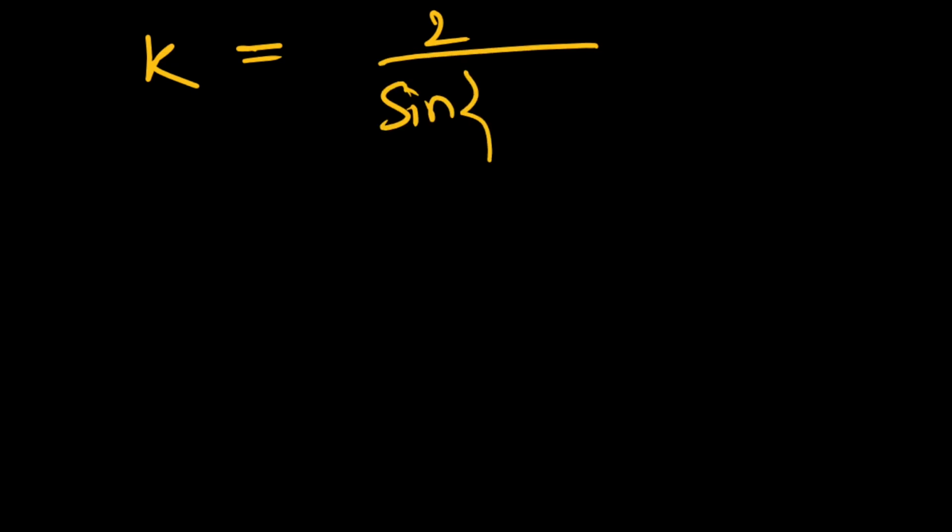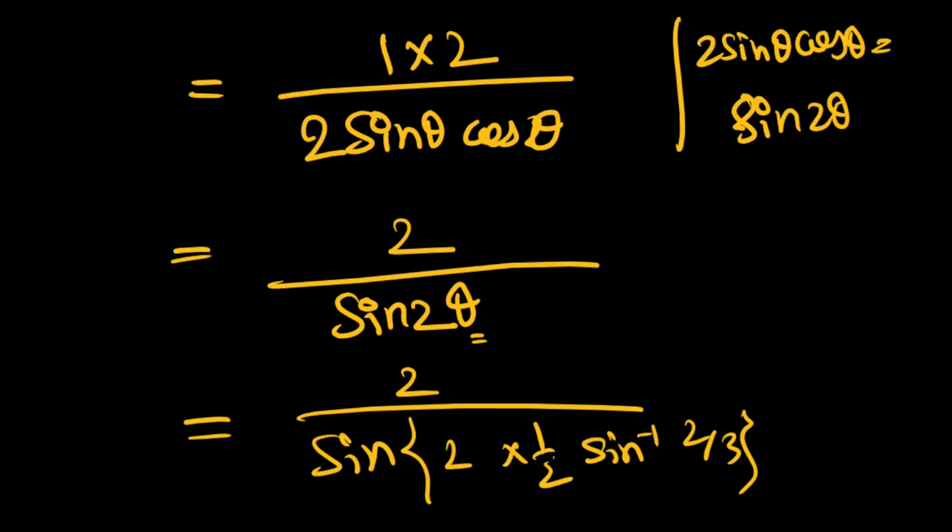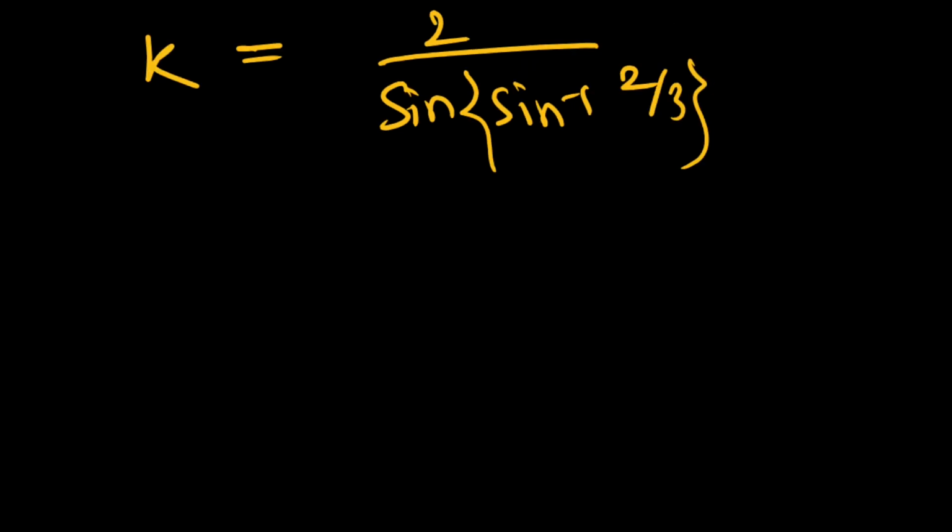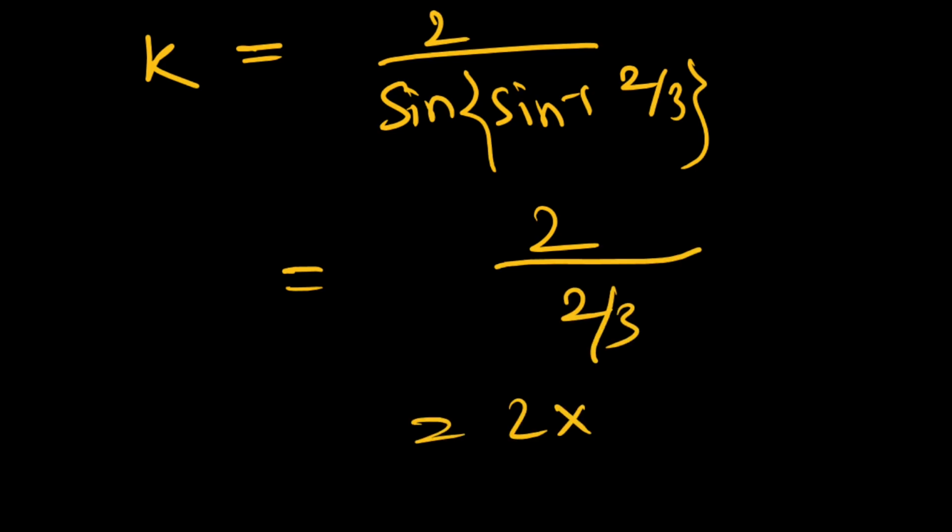The 2 and half cancel, giving 2 over sine of sine inverse 2 by 3, which is 2 over 2 by 3, that is 2 multiplied by 3 by 2, which is 3. So we got k is equal to 3.